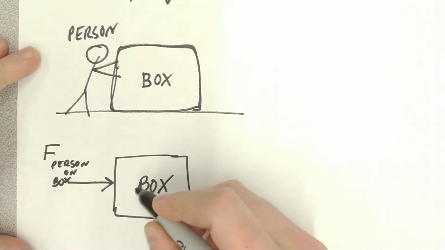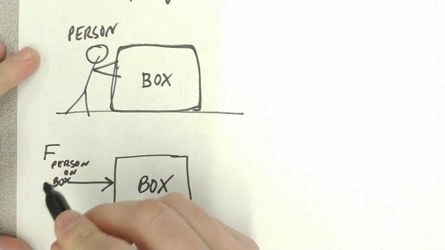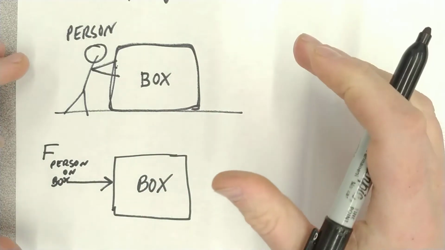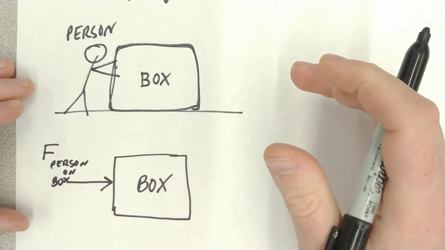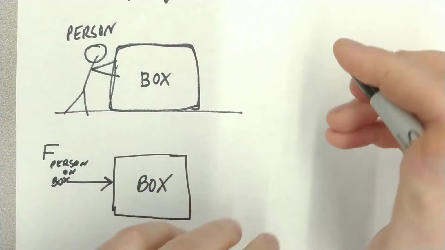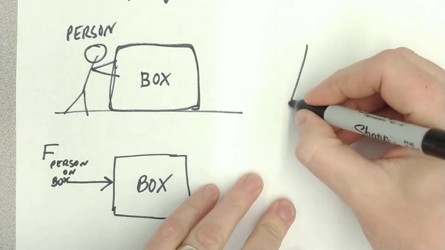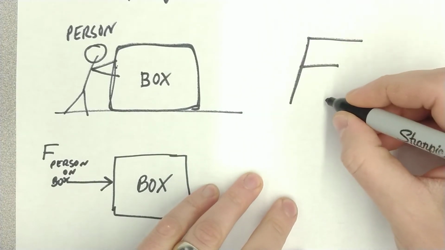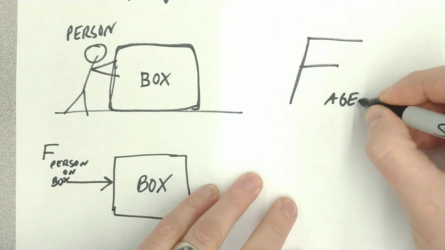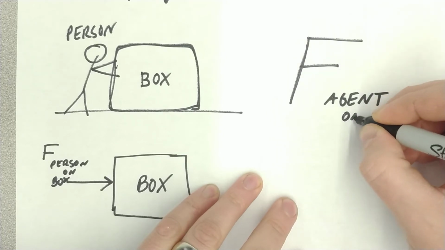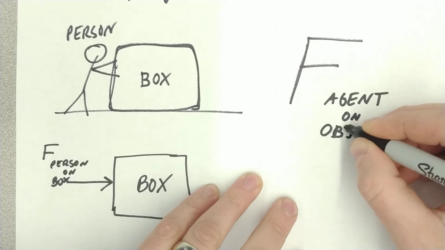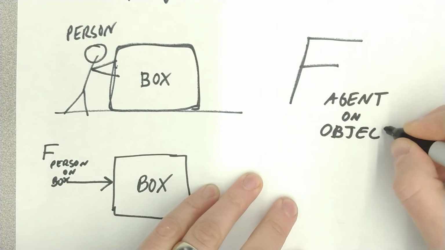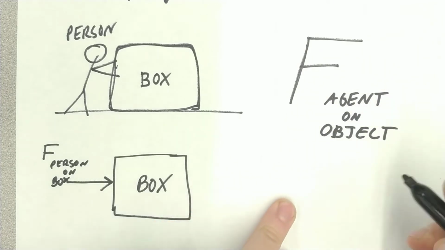The object is the box. The agent is the person. So when we label forces acting on something, initially we're going to write this out, right? We're going to write a capital F for the force, and it's going to be of the agent on the object. Force of the agent on the object.